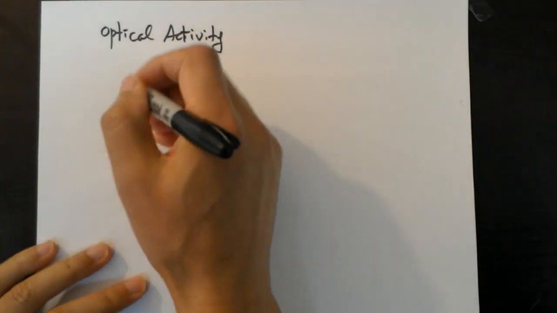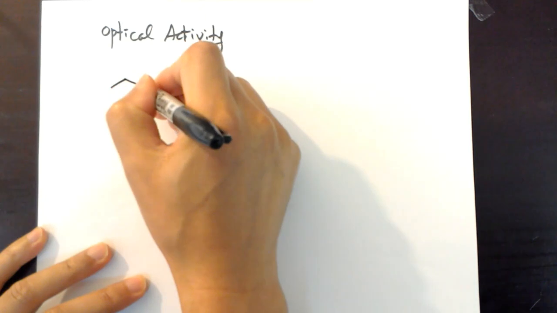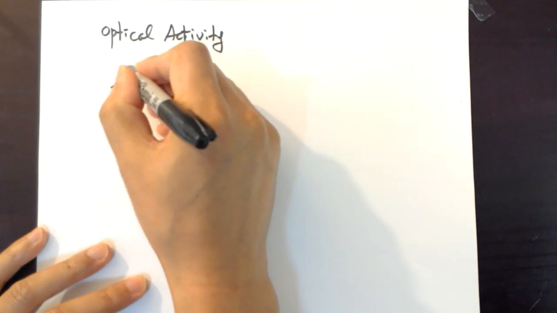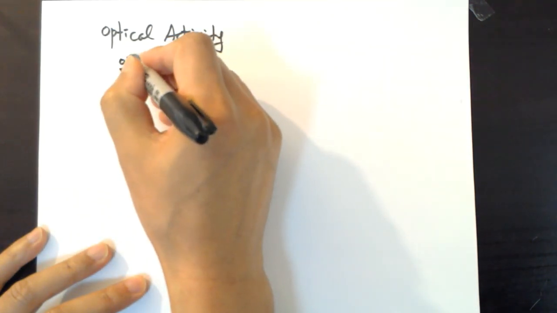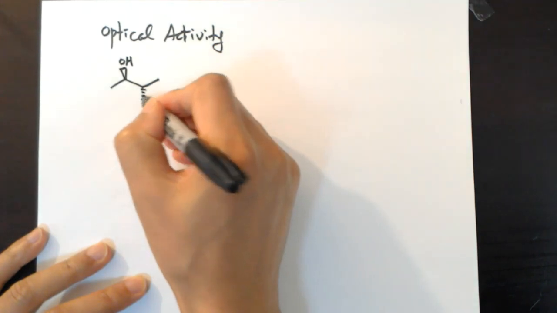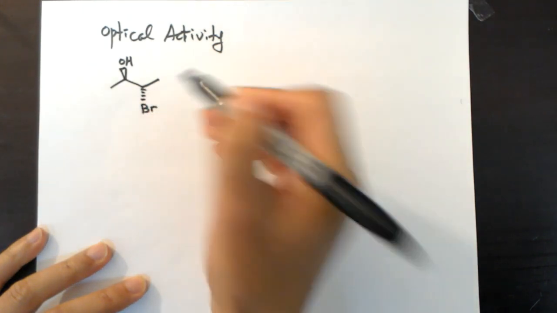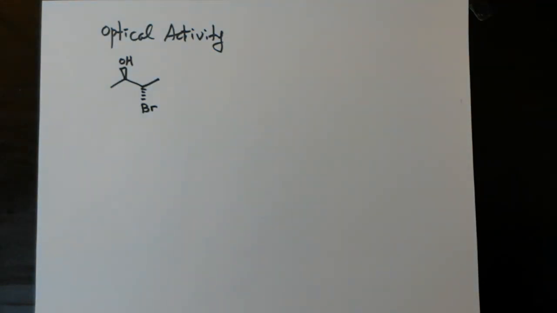So let's tackle the definition of a chiral molecule. Let's assume we have a molecule, something like this. And we need to know whether this molecule is chiral or not.